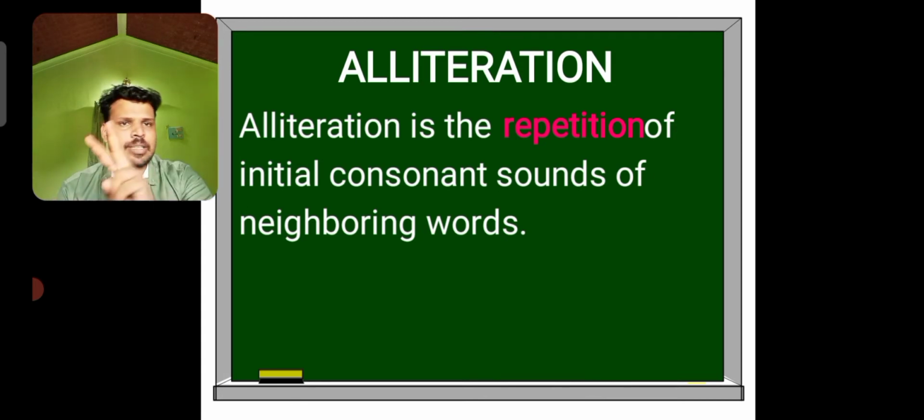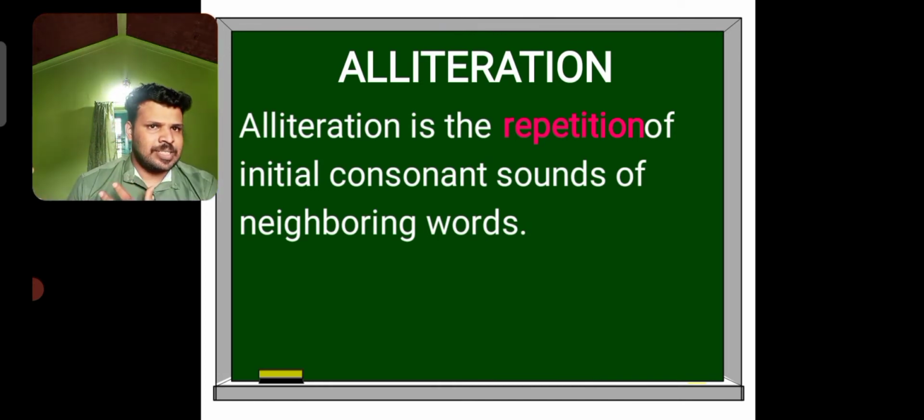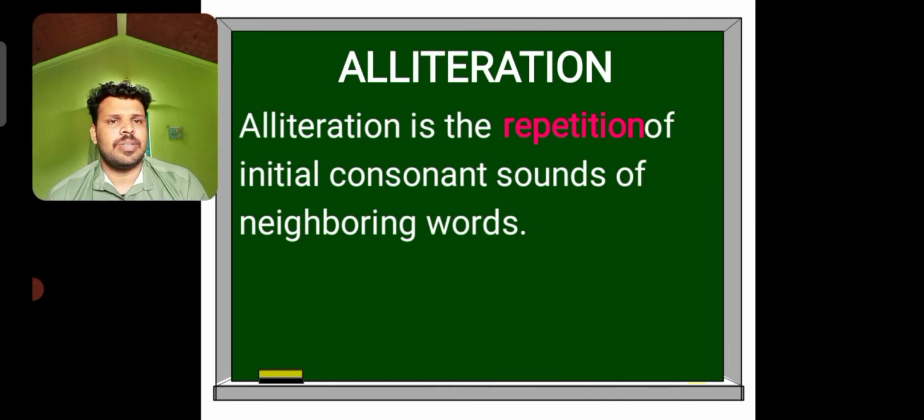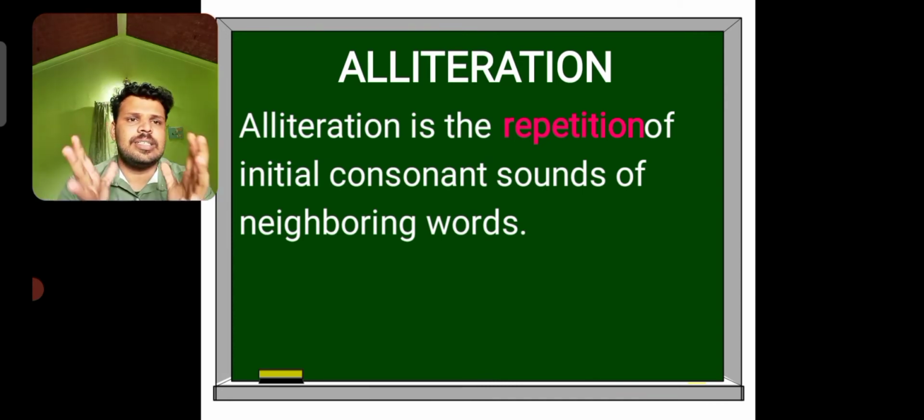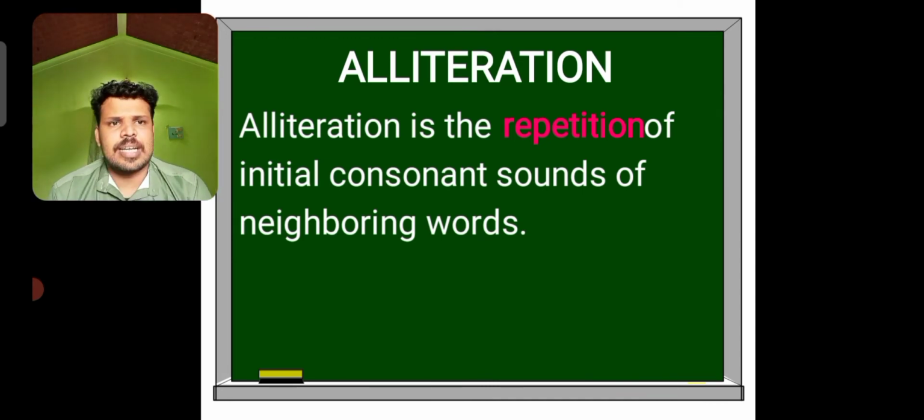So that is the difference between alliteration and assonance. So there will be questions like what is the difference between simile and metaphor, and alliteration and assonance. So these two, alliteration and assonance, are connected terms.